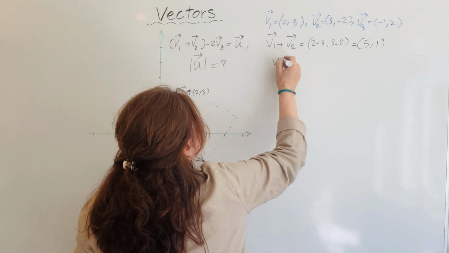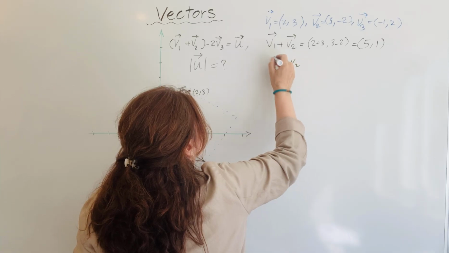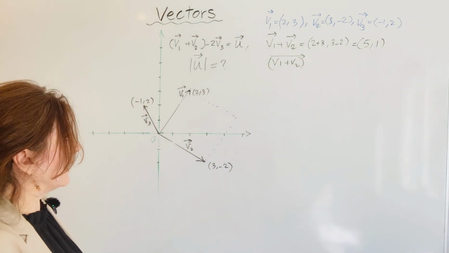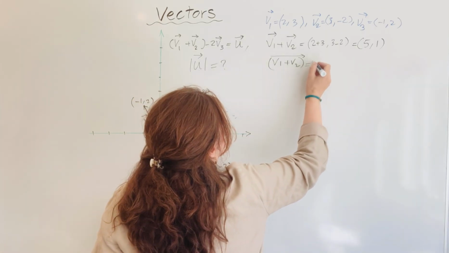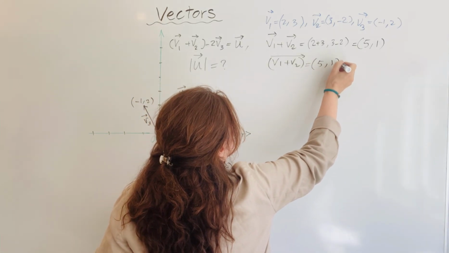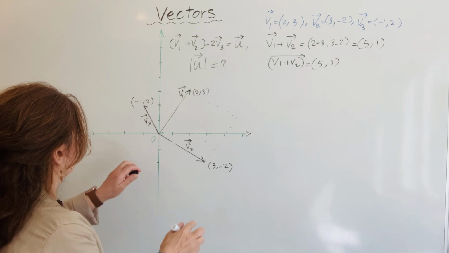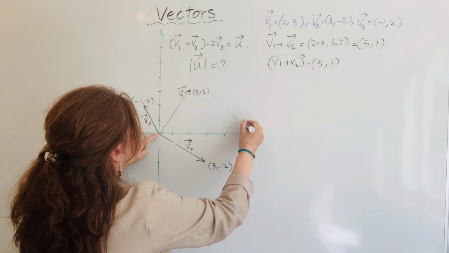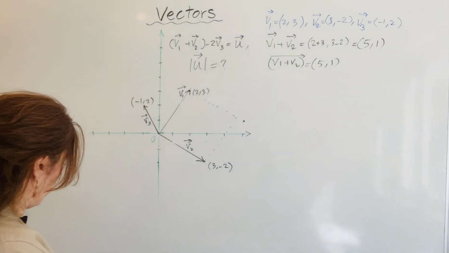We can say v1 plus v2 as a vector has this coordinate value somewhere here. This is 5 and 1. It must be here, right?